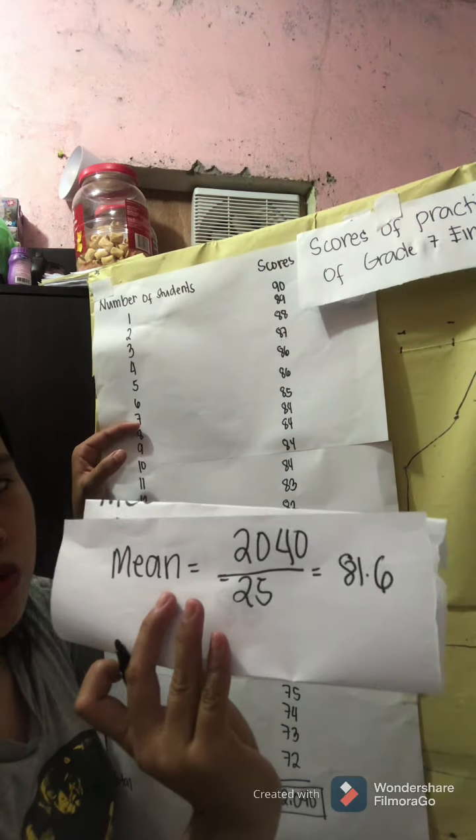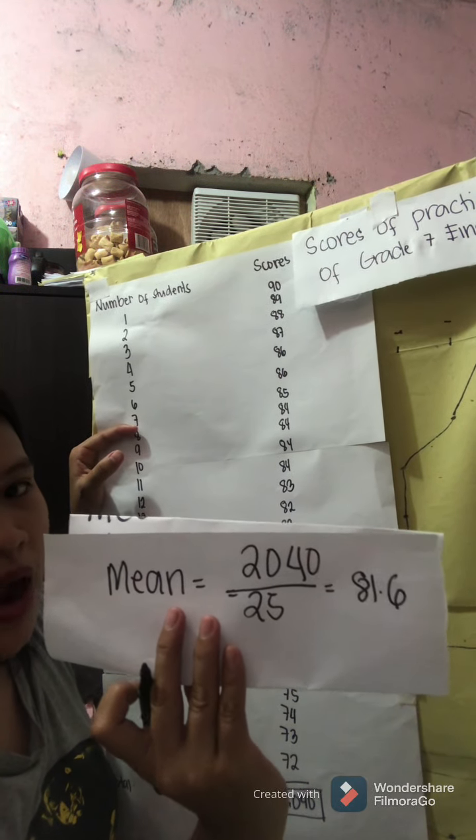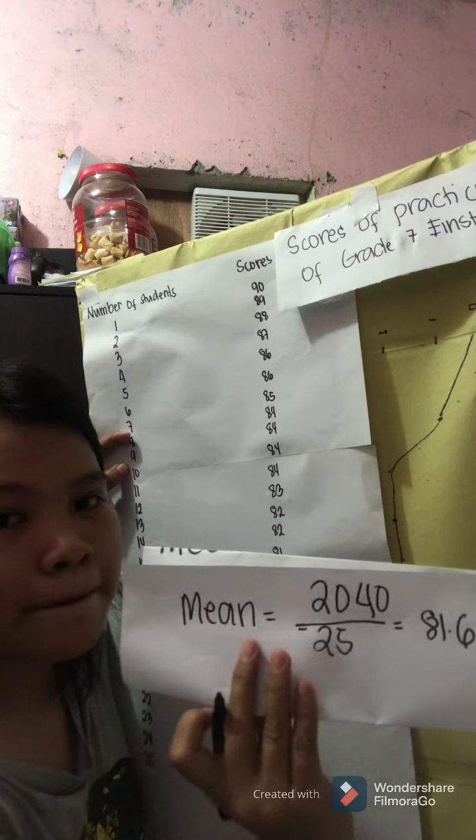Mean equals 2040 divided by 25, which is equal to 81.6.